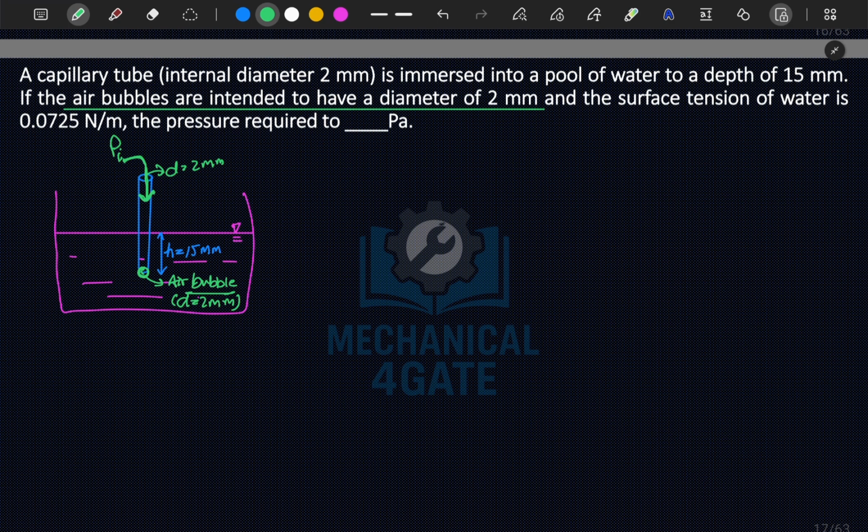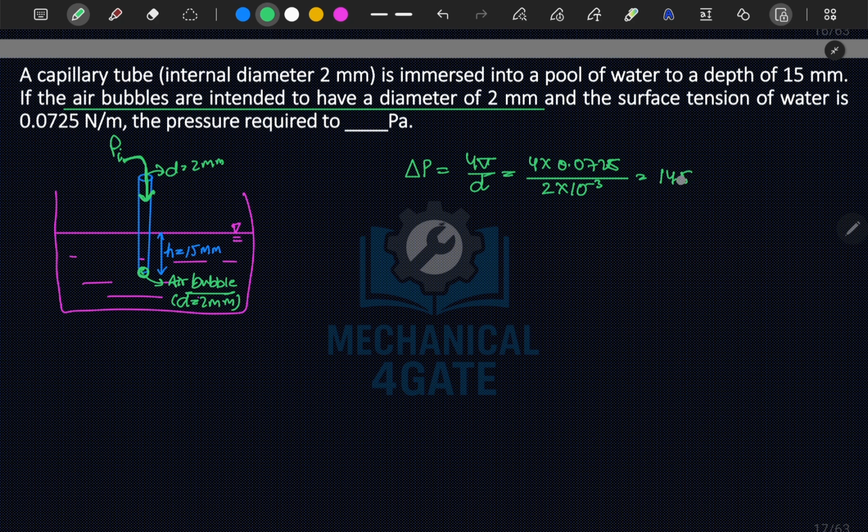So we know that for a single interface surface we can write delta P is equal to 4 sigma by D. If I calculate it, 4 into 0.0725 divided by D, which is 2 times 10 to the power minus 3, is equal to 145. This is in Pascal.